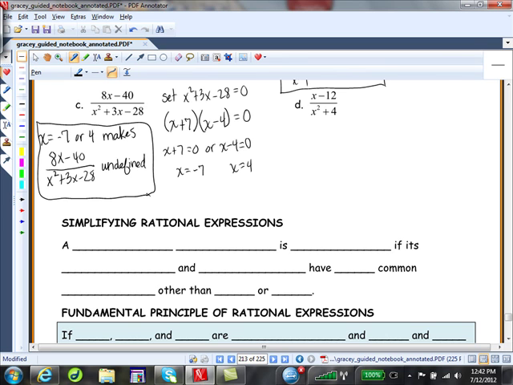All right. And finally here, if we set x squared plus 4 equal to 0.